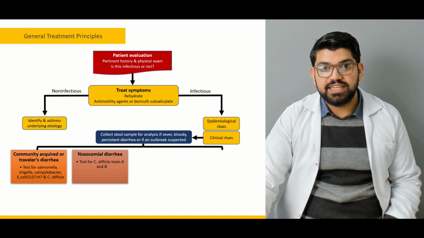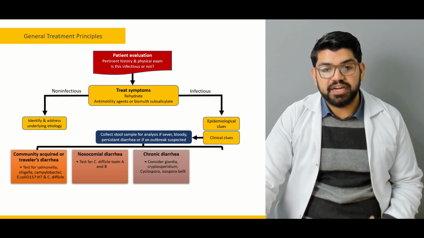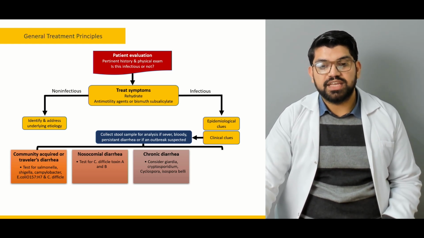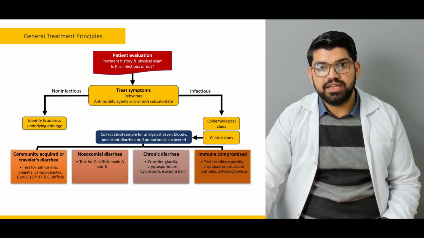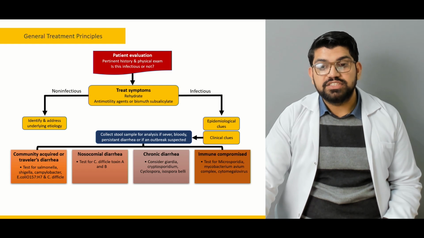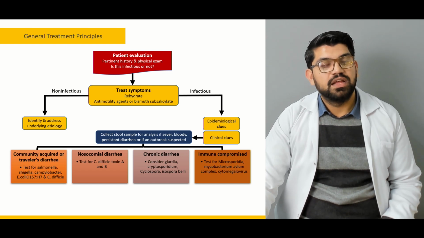Nosocomial diarrhea: test for Clostridium difficile toxins A and B. Chronic diarrhea: consider Giardia, Cryptosporidium, Cyclospora, and Isospora belli. Immunocompromised: test for Microsporidia, Mycobacterium avium complex, and cytomegalovirus.